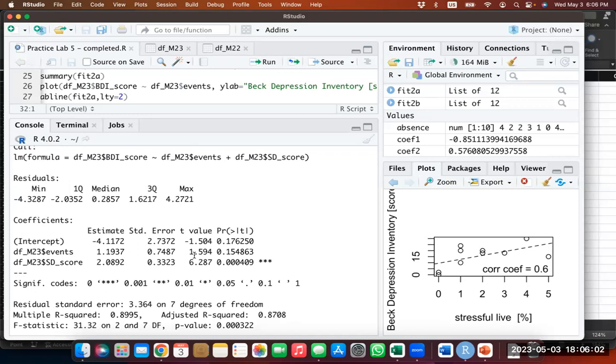We have a max of 4, we have a min of 4. The median is still a little bit higher, not exactly 0, but it's deviating to an extent that's justifiable. And then we have the coefficients shown from our model. So the intercept has now changed. The intercept is now negative.